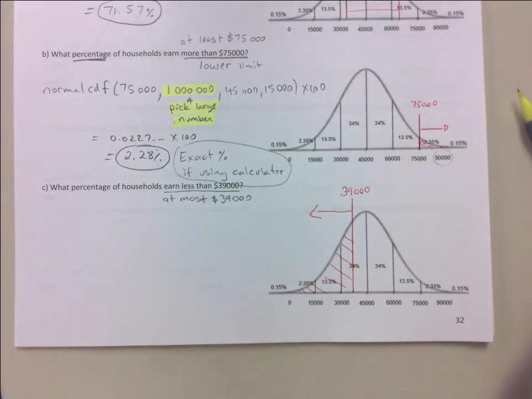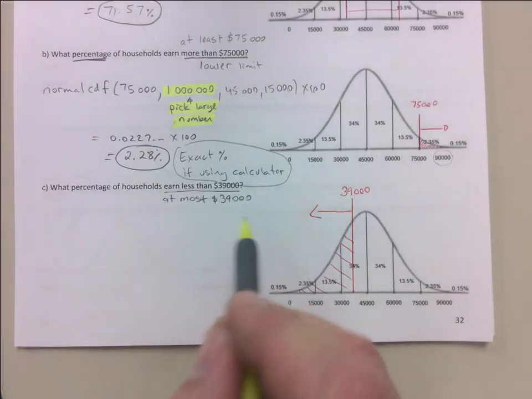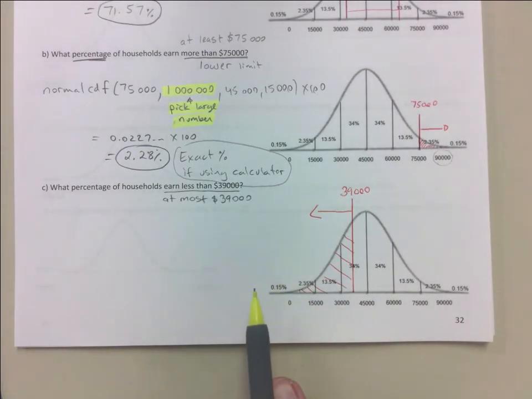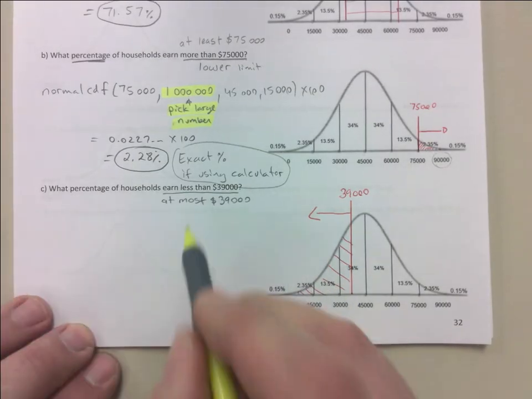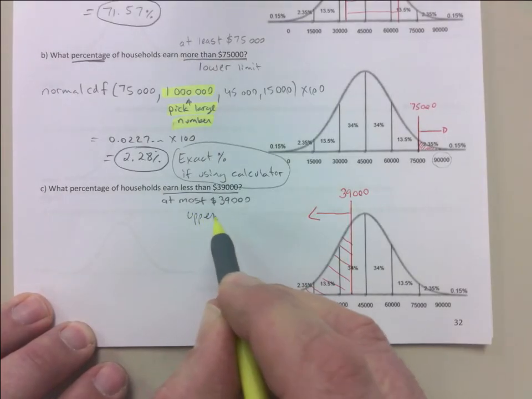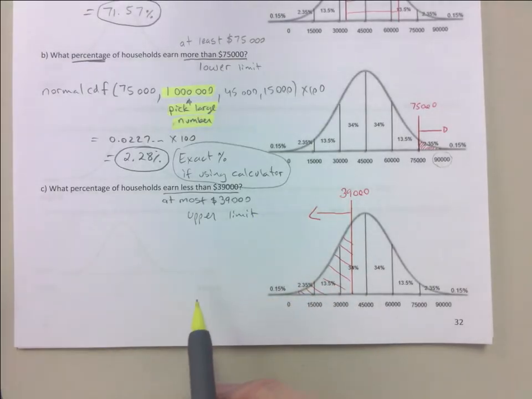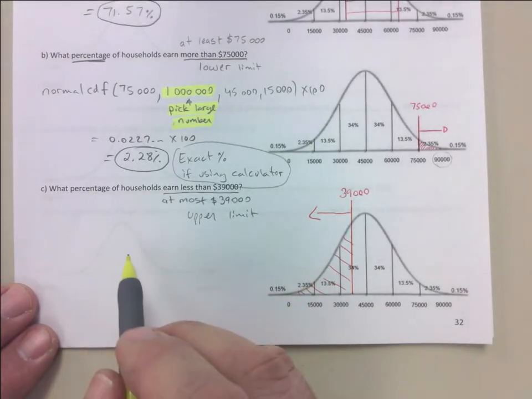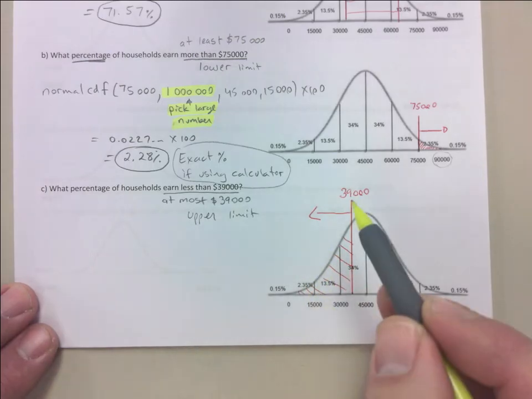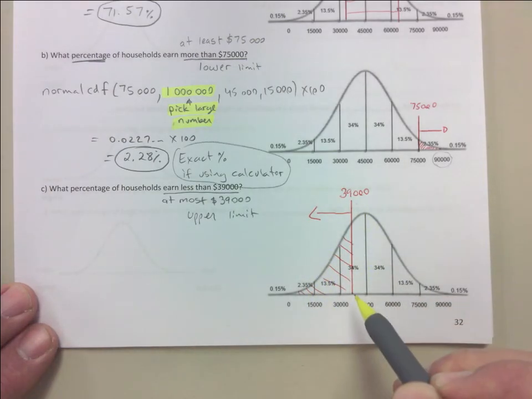That's why we're interested. So what is this, upper or lower limit? Meaning like going from left to right, this is your upper limit. So left is lower limit, to the right is upper limit, okay?